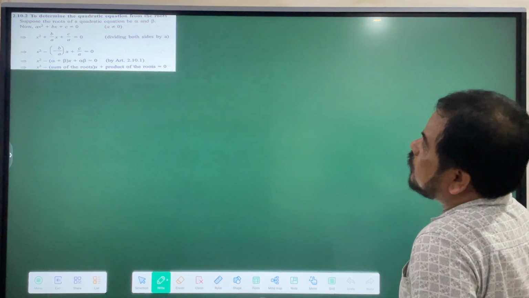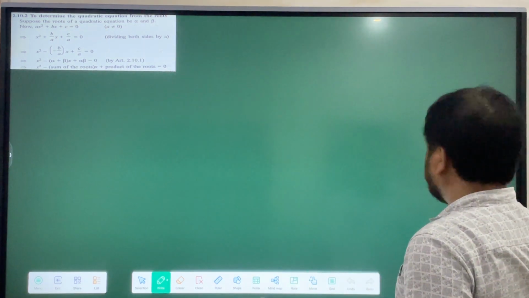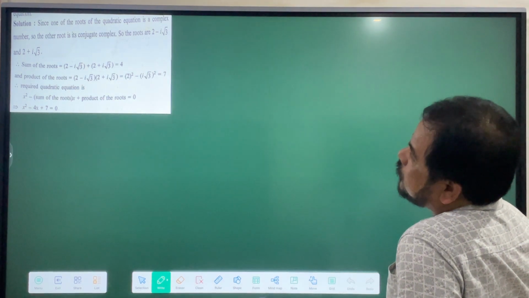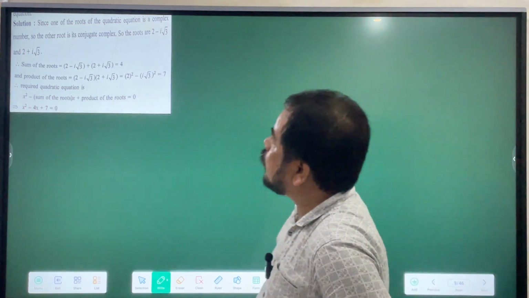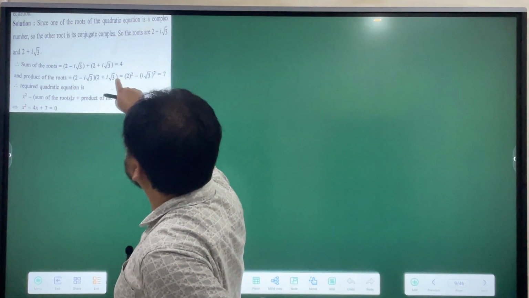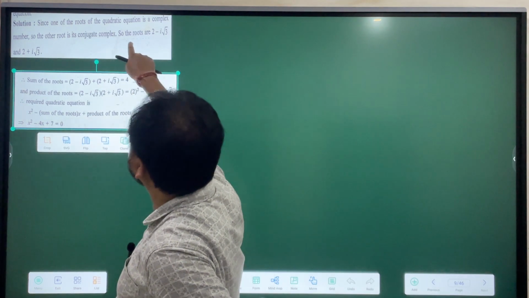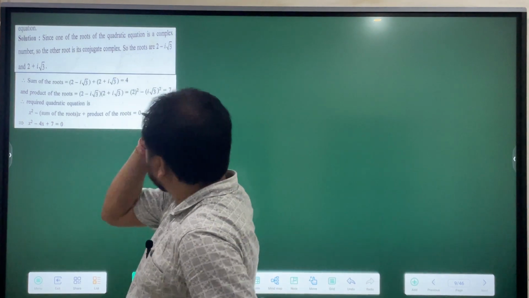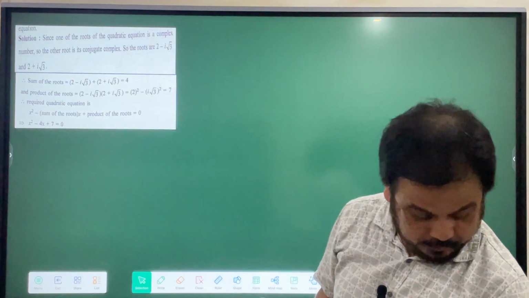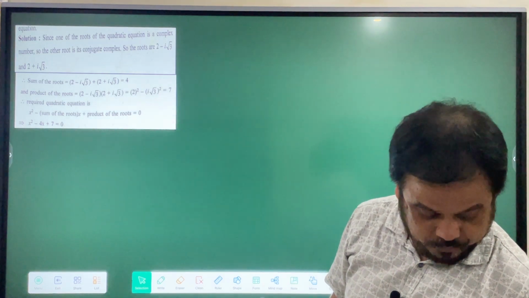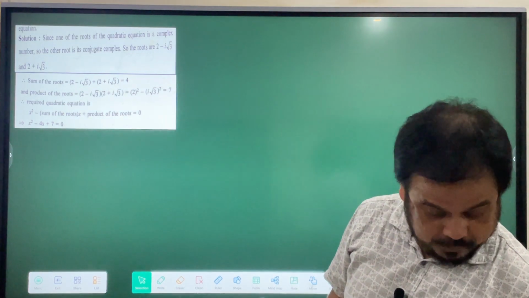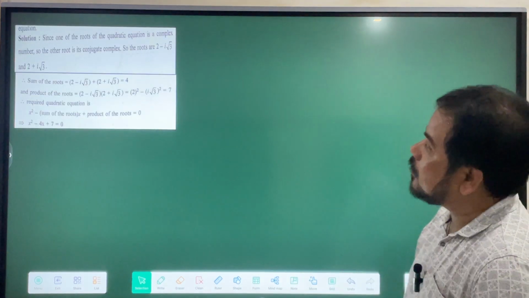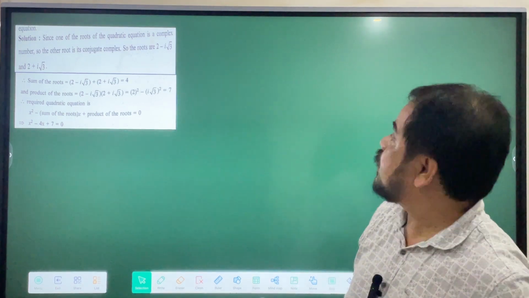Determine the quadratic equation from the roots. Already I have taught you just now. Since one of the roots of the quadratic equation is a complex number, the other is its conjugate. Okay, that is page number 89.